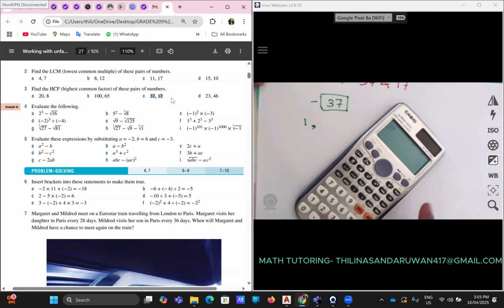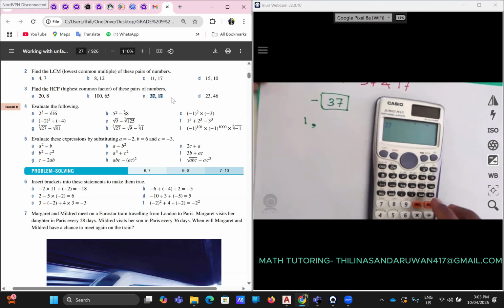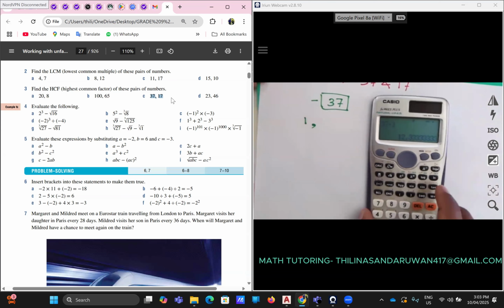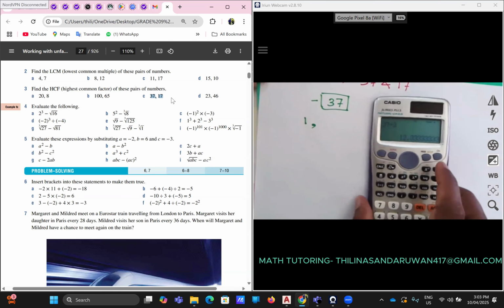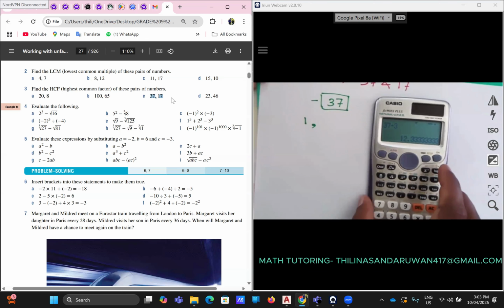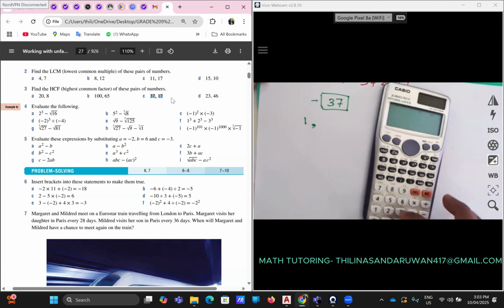If 37, I don't know if you can see this, divided by 3. No, decimal numbers mean, when you use the calculator, decimal numbers mean 3 is not a factor. 37 by 4, definitely not. 37 by 5, definitely not.